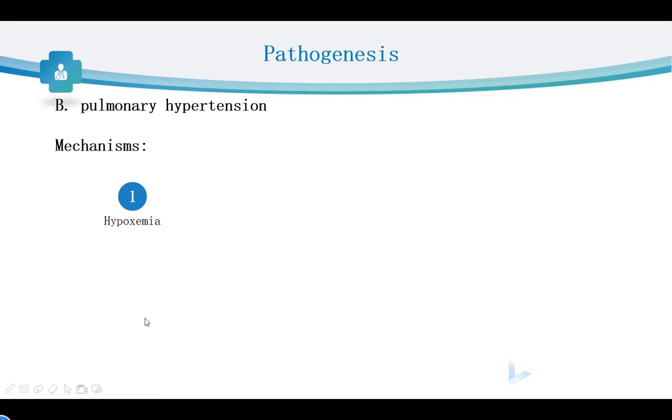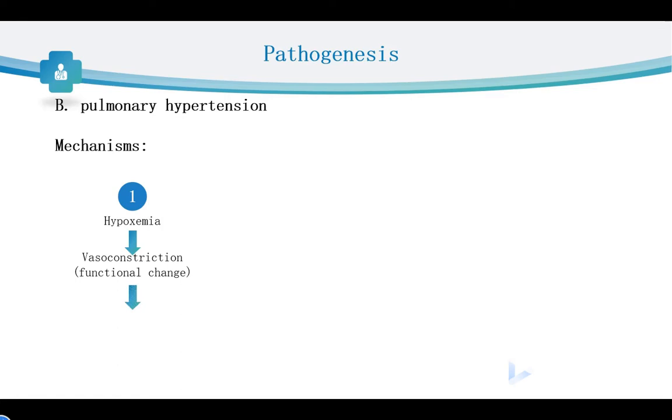In the early stage, the hypoxia can induce a vasoconstriction, which is also known as a functional change of the capillaries. And this vasoconstriction can result in the increased pressure of the pulmonary arteries.